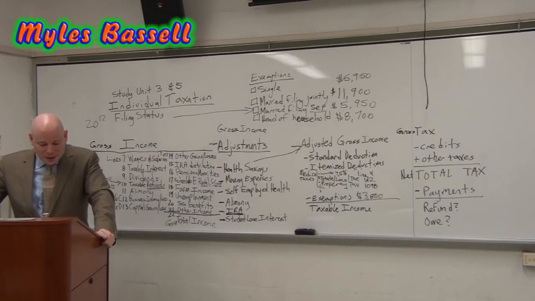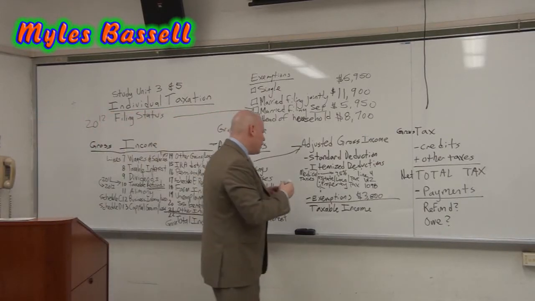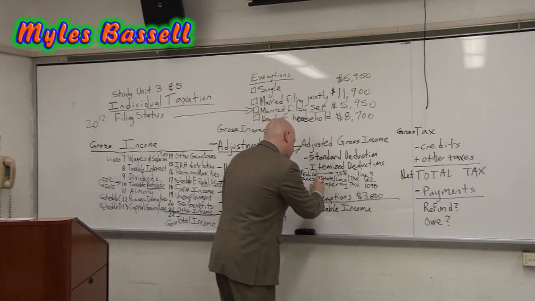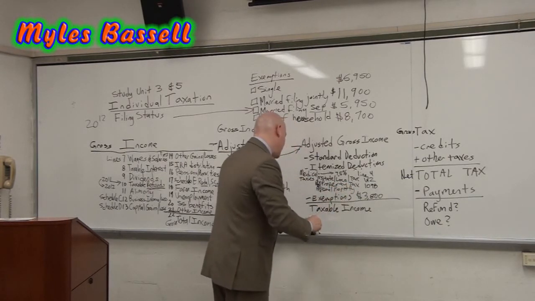And then you have personal property tax, which would be what? So this is property tax on real estate, on real property. Then you have personal property tax. And then you have other taxes. This is getting a little messy here.